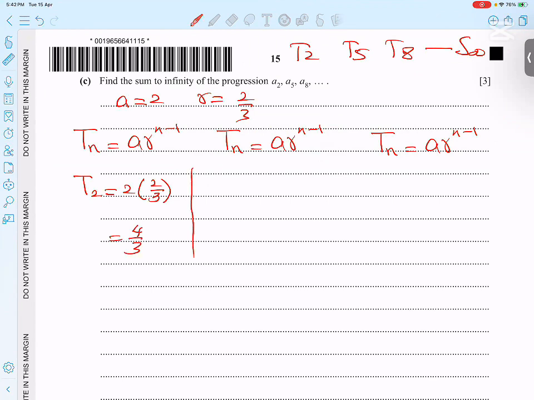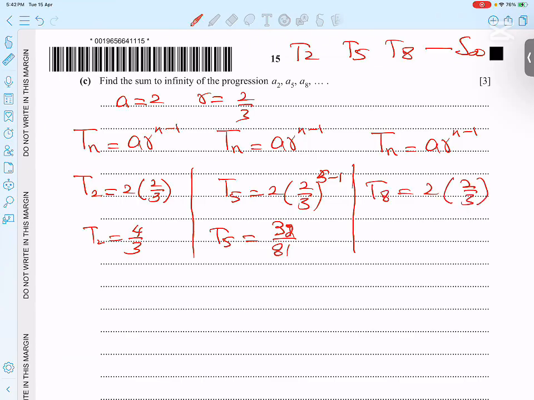For the second one, I'm plugging in 5 for T5: 2 times (2 over 3) to the power 5 minus 1. I'm getting 32 over 81. For the last term, I replace n with 8: 2 times (2 over 3) to the power 8 minus 1. On the calculator I get 256 over 2187.